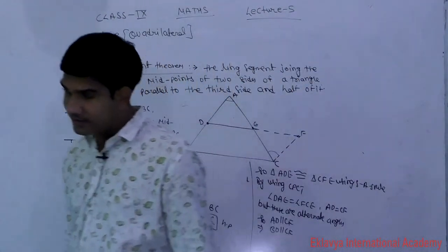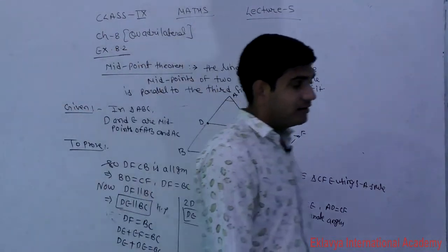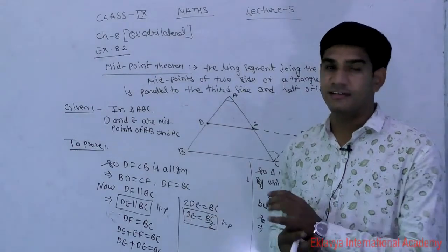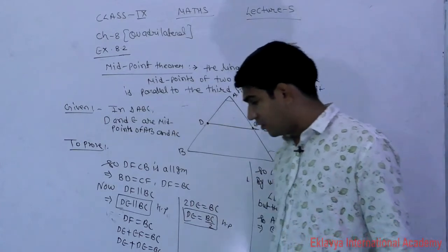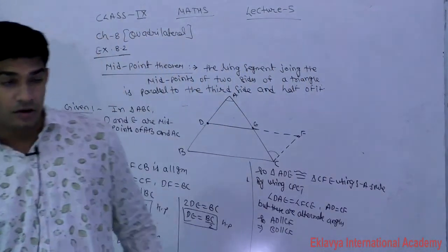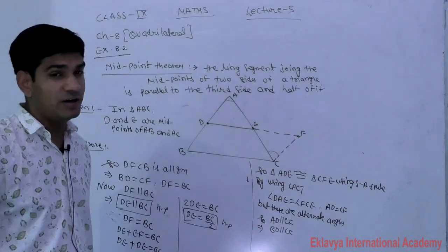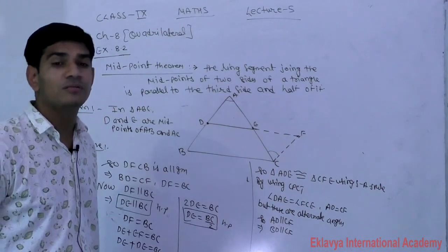So in this lecture we discussed some part of exercise 8.1 and the midpoint theorem of exercise 8.2. Understand? So all students, after watching that video, you will complete exercise 8.1 and start doing exercise 8.2, the questions based on exercise 8.2. Okay, thank you.